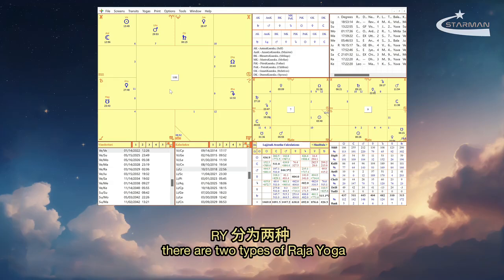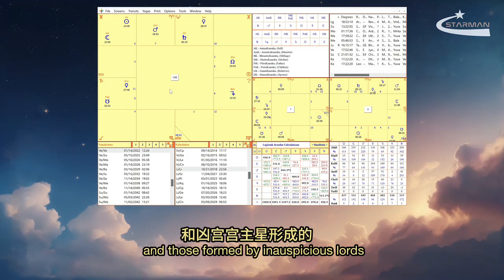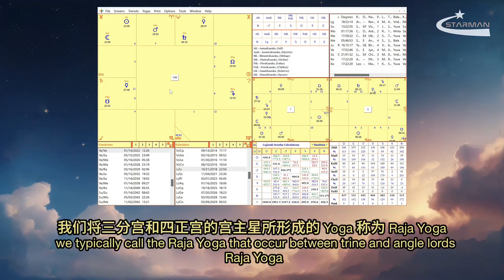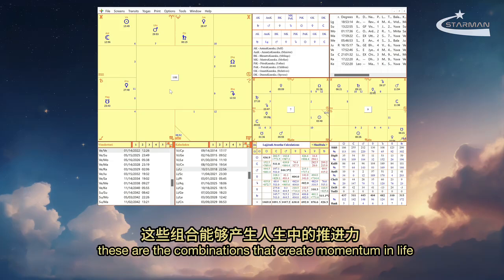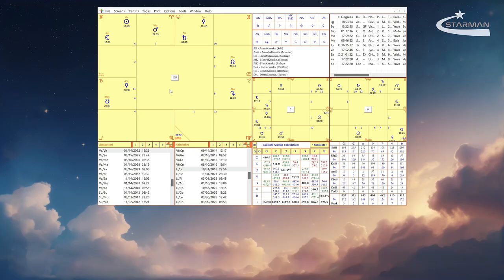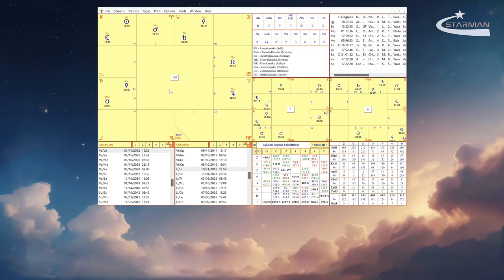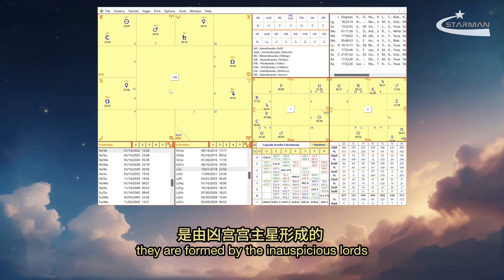There are two types of Raj Yoga, those formed by auspicious lords and those formed by inauspicious lords. We typically call the Raj Yogas that occur between trine and angle lords Raj Yoga. These are the combinations that create momentum in life, which leads to financial prosperity and social recognition. But then there are also Viparit Raj Yoga. They are formed by the inauspicious lords.